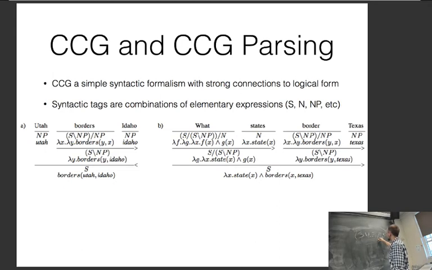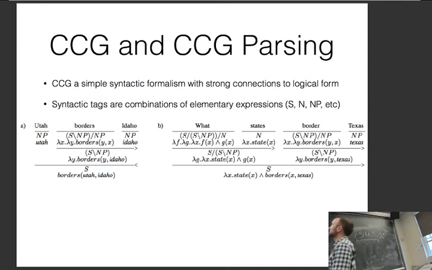So the forward slash means first we take this NP and we combine this thing with an NP, and that gives us the remaining thing, S backslash NP. And then we take the NP on the left side and combine that together to get an S.